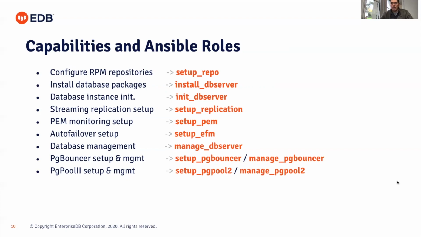We can execute several administration tasks on the database instances like user creation, configuration management, and so on. And finally, we have recently added native connection pooler deployment and management roles. So with EDB Postgres, we can deploy PgBouncer or Pgpool-II instances.